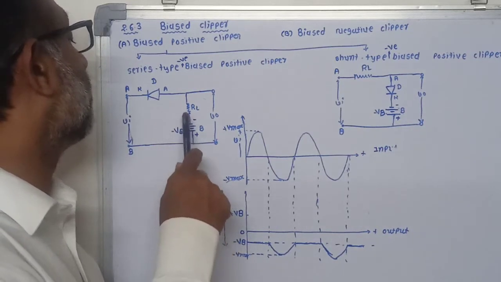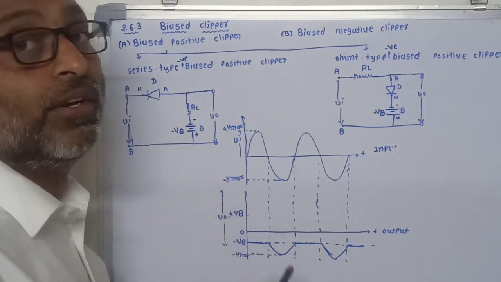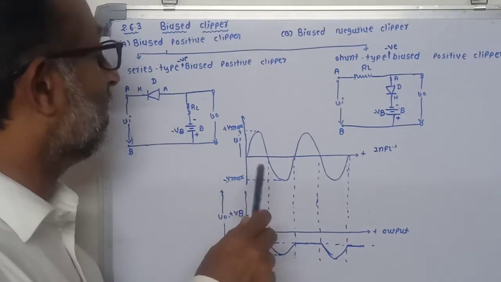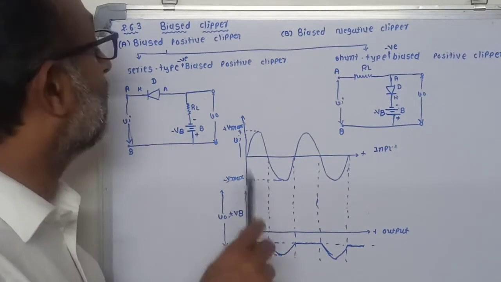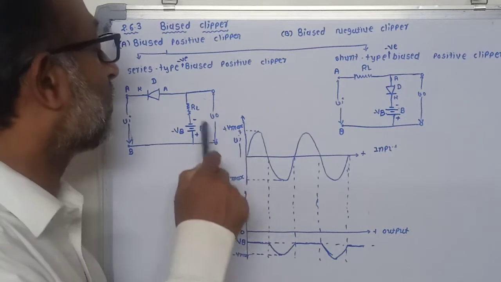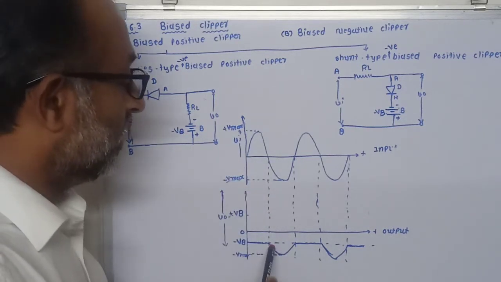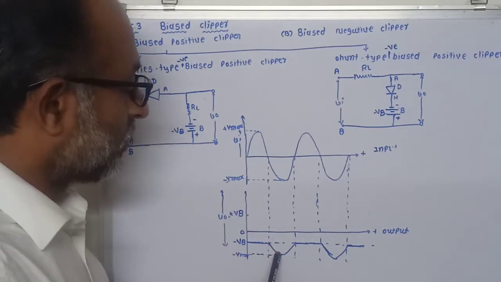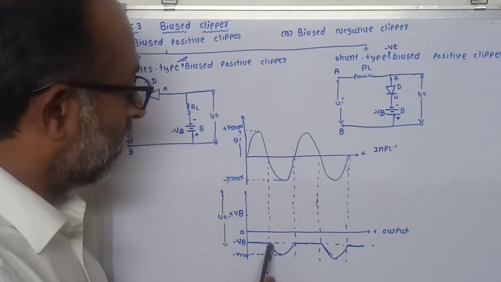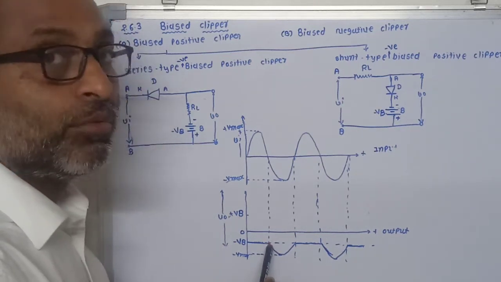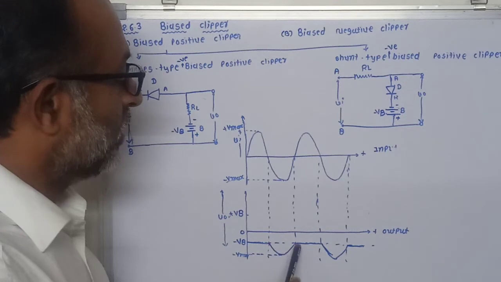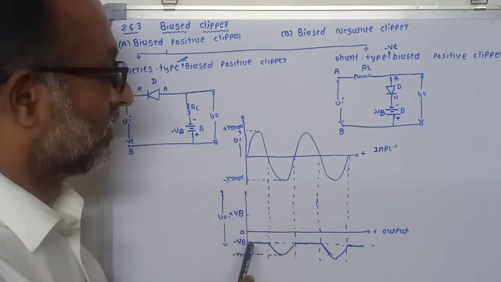So current is flowing through this circuit, and your input signal is appearing on the output side. So you will get the negative input signal on the output side.